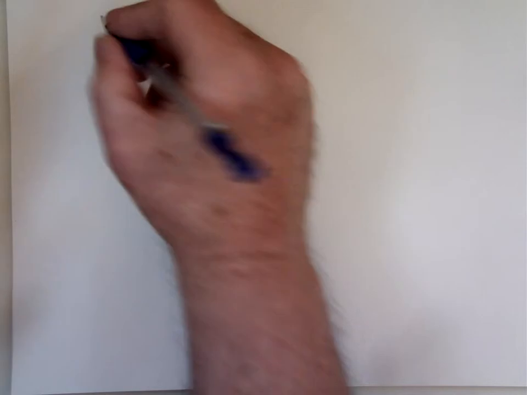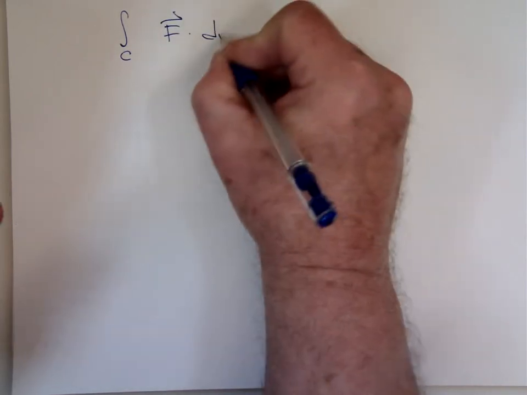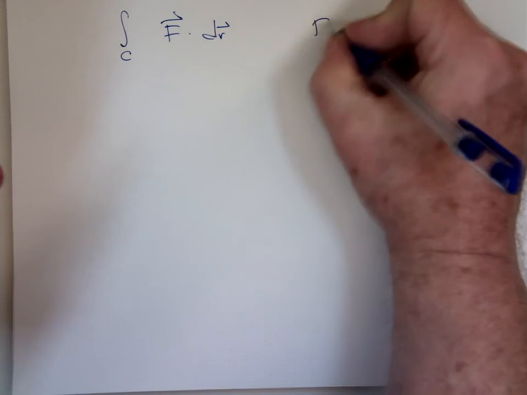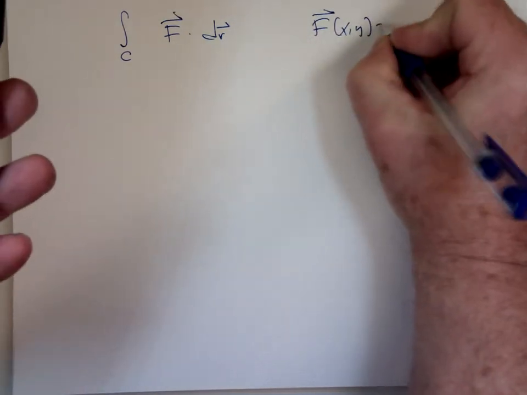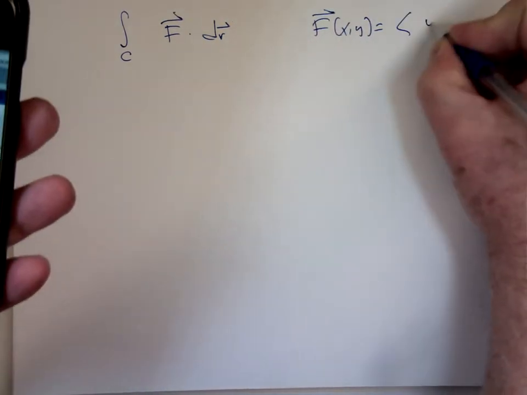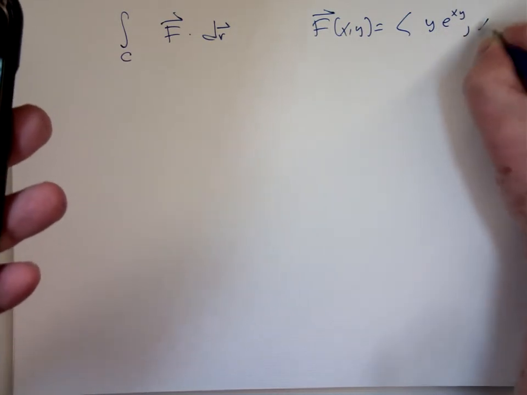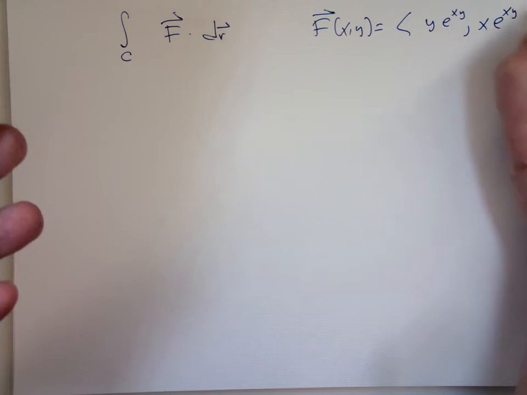Okay, here we go. Let's do the line integral of F dot dr. F is y e to the xy, x e to the xy.